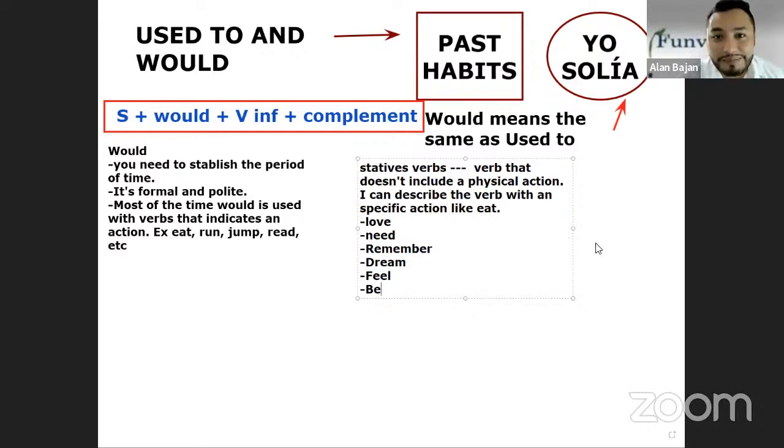Okay. So, why am I explaining this class? Because we can use would with stative verbs. Let me show you some examples.